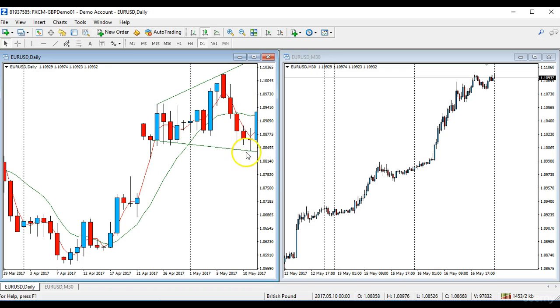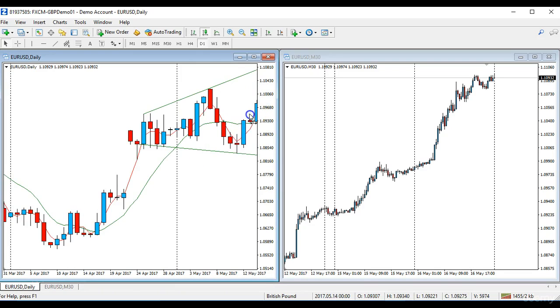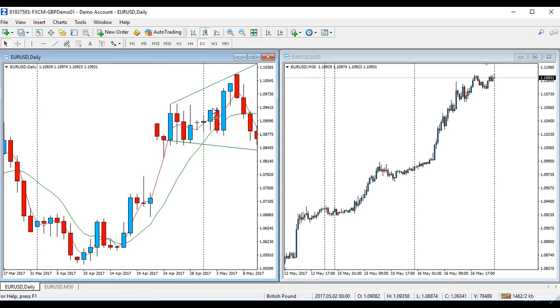So seeing as we know that a megaphone channel has formed, we expect that the next thing is that price is going to bounce off this trend line here and go in a certain direction, which is up. It's predictable.